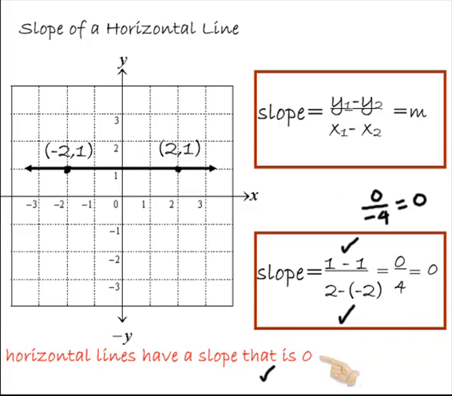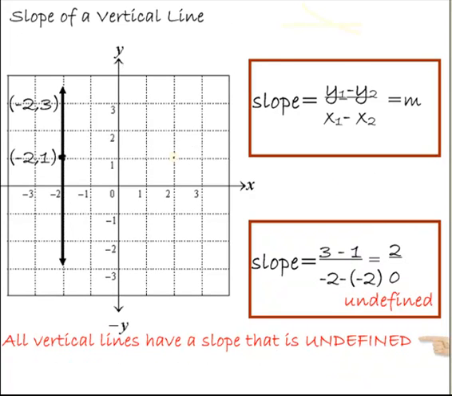Let's take a look at vertical lines. As far as the slope of a vertical line, I've drawn a vertical line in here, and I found 2 points that are on the line. You could select any 2 points that you want. -2, 3 and -2, 1. I've plugged them into my formula, and I wind up with 3 minus 1.